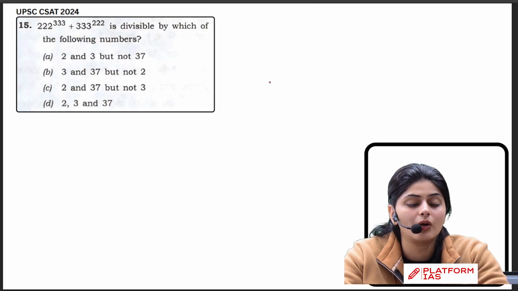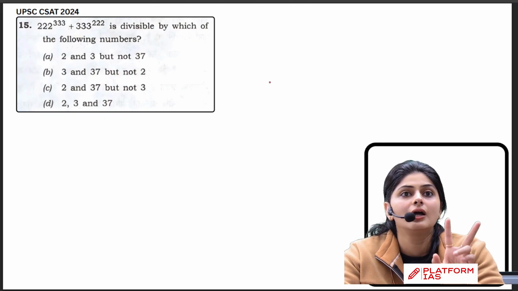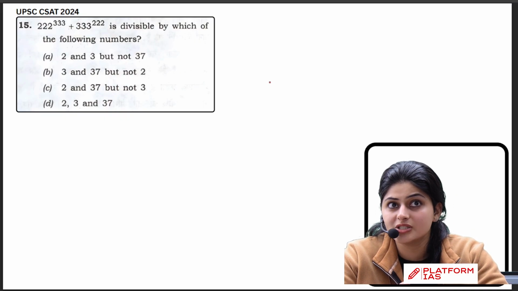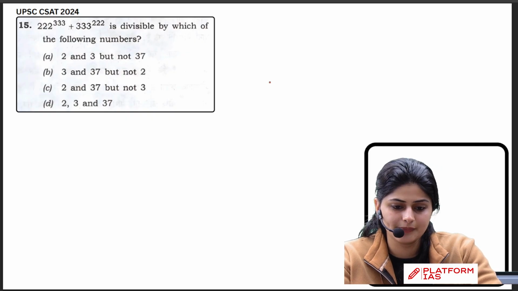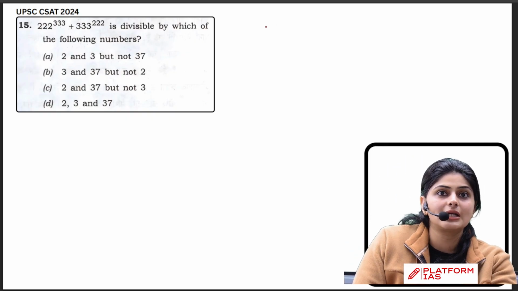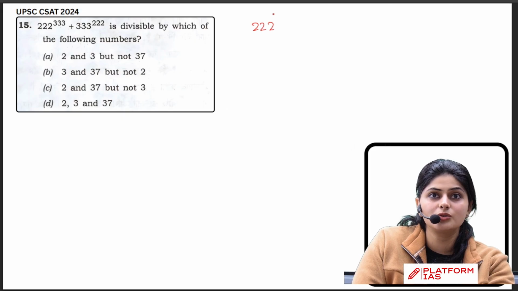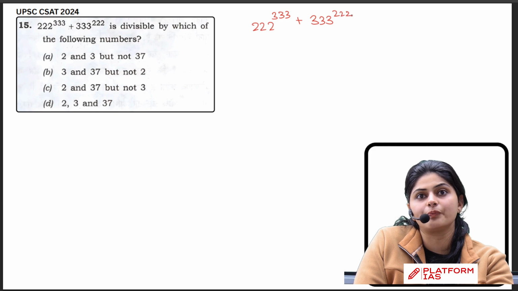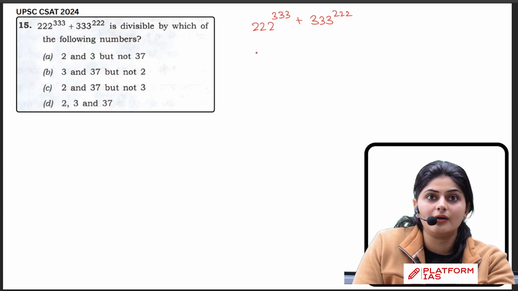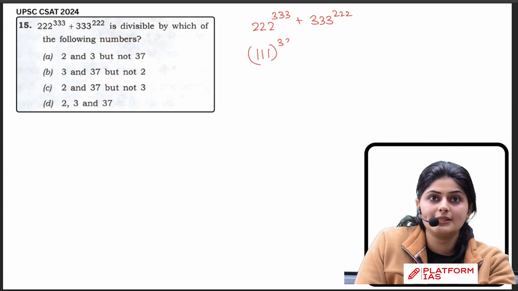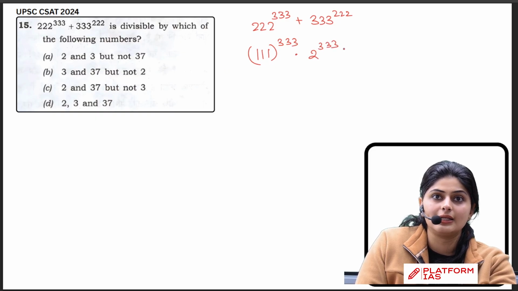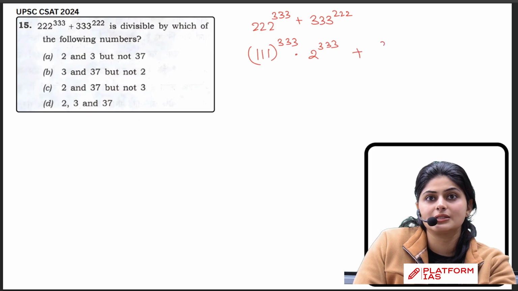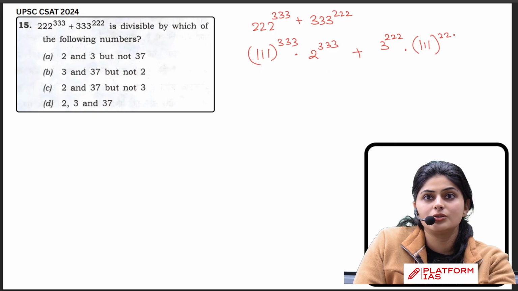Okay, now moving to the next one. A sum is given to me. It is being asked which of the numbers it is divisible by. So we'll start solving. It is 222 to the power 333 plus 333 to the power 222. Can I write it like this? I'll take this 111 outside and write it like this: this multiplied with this, plus 3 to the power 222 multiplied by 1 to the power this.